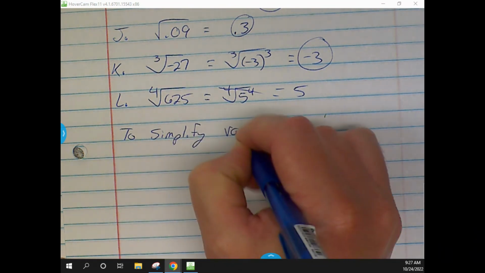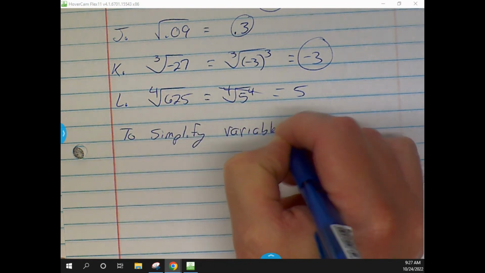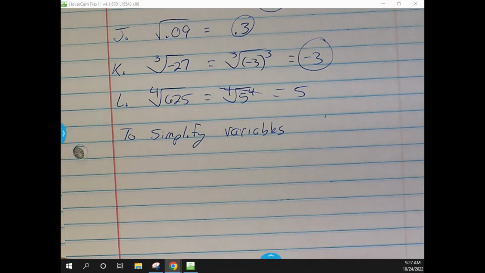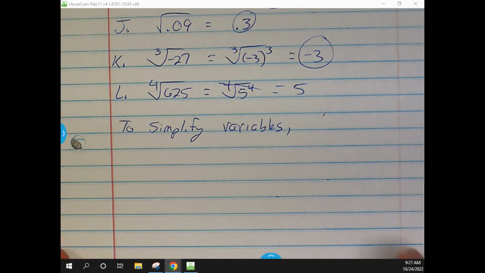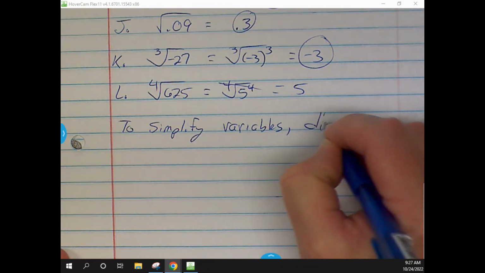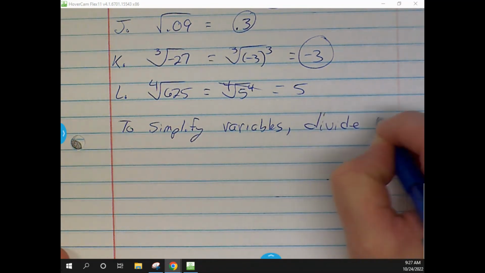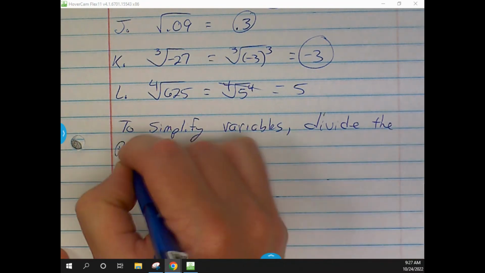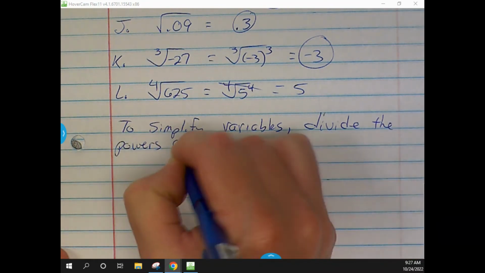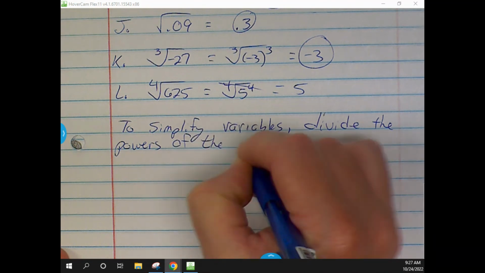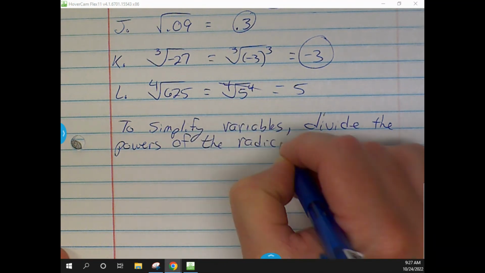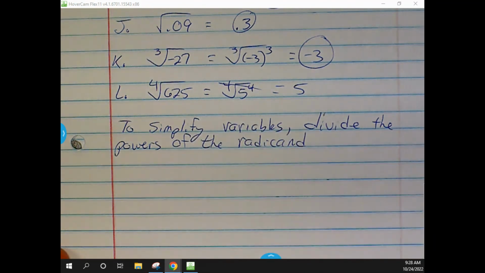To simplify variables, you're going to divide the powers of the radicand. Again, radicand is what's on the inside.